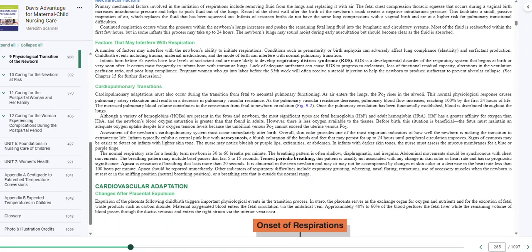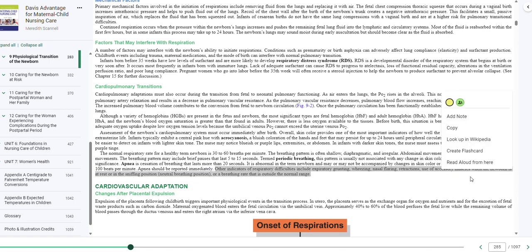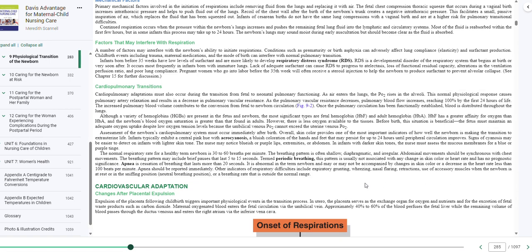Other indicators, we talked about the nasal flaring, the grunting, which, like I said, they sound like a little pig when they grunt. The retractions, when you see the ribs as they're breathing. These are important to know as well. That's when you know a baby is in distress.